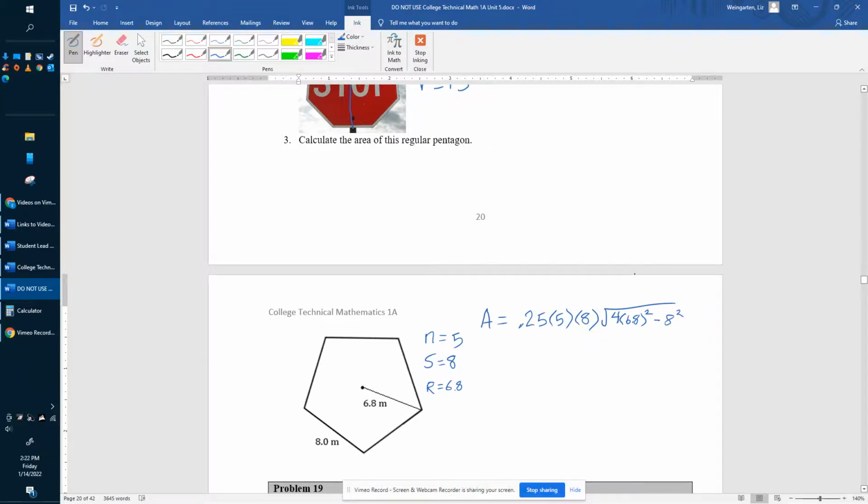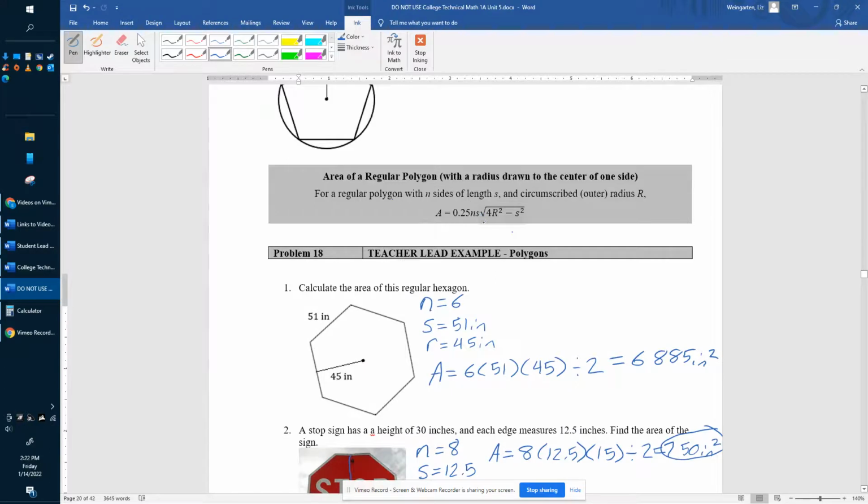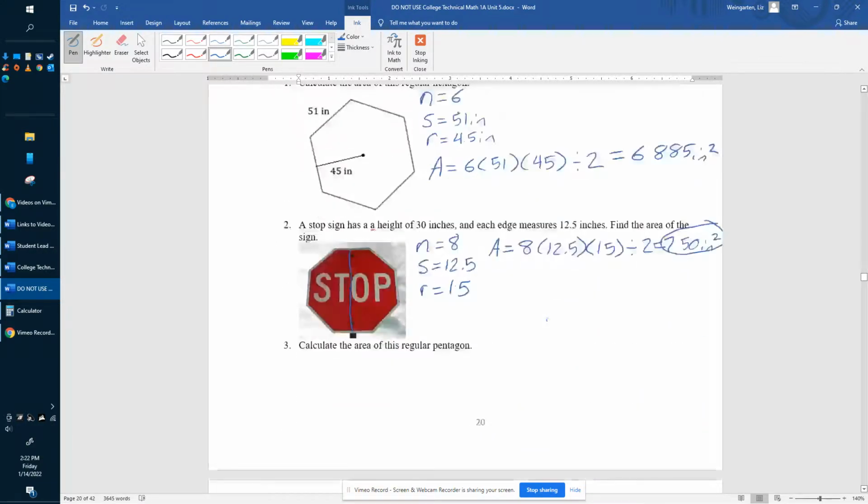Let's double check, make sure we got that right. 0.25 n s times the square root of 4 times R squared minus s squared.